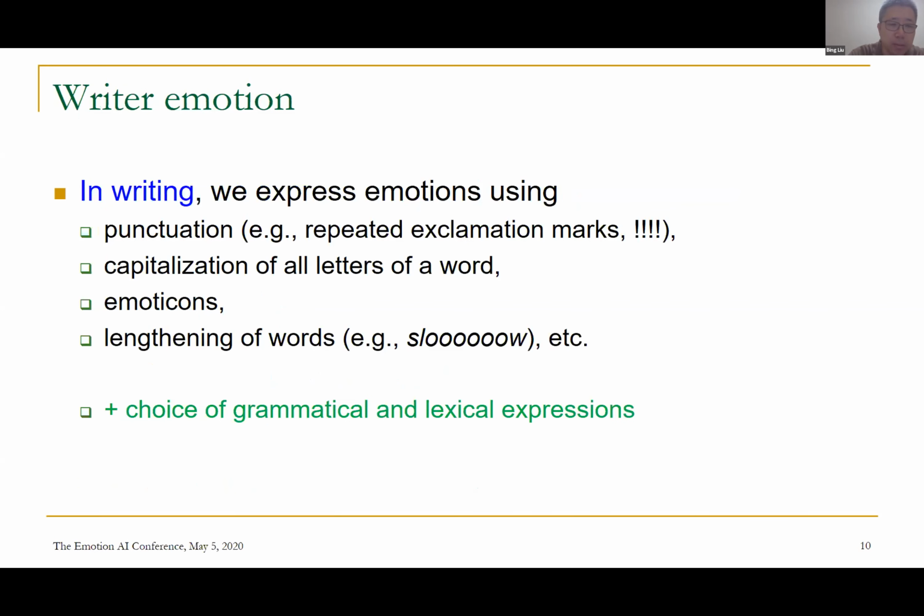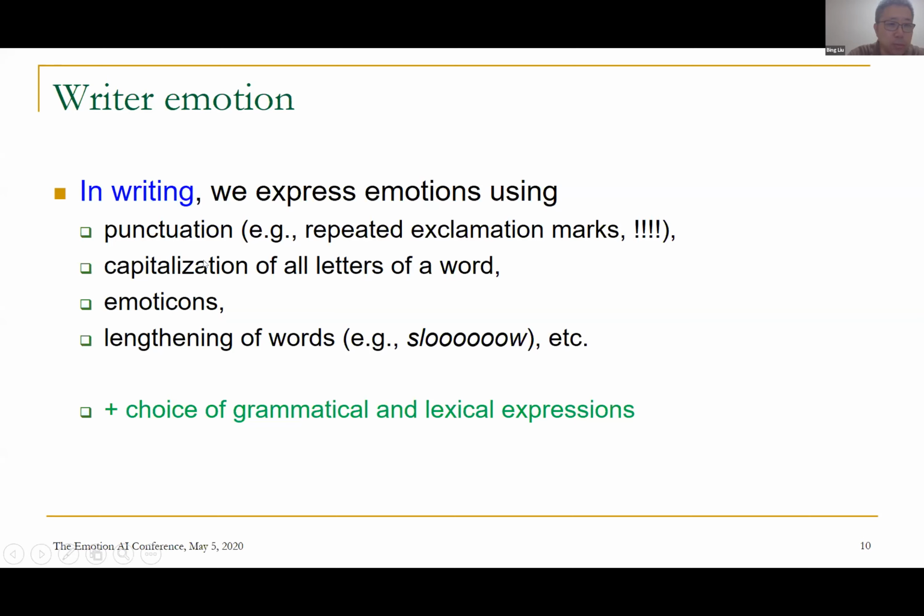In the past, we have been dealing with writing most of the time. We have never dealt with speaker emotions, but there is some research studying speaker emotions, essentially trying to detect intonations to detect what kind of emotions are being expressed by a person. In writing, you can use punctuation, for example, exclamation marks, and you use multiple of them.